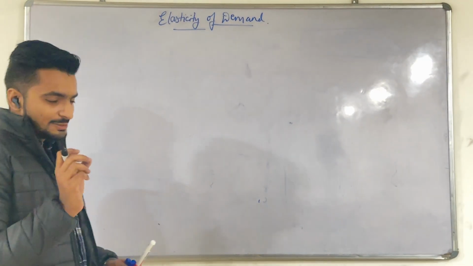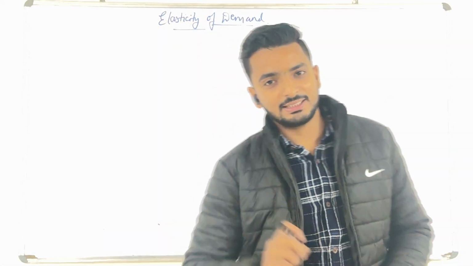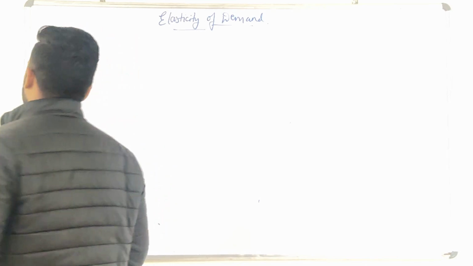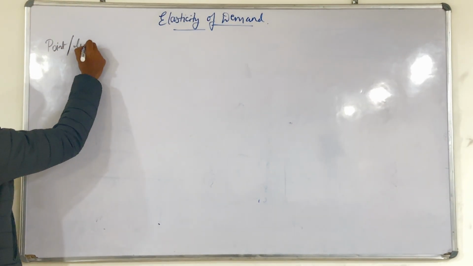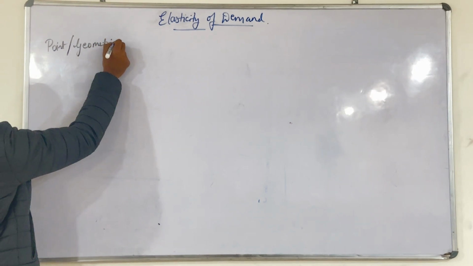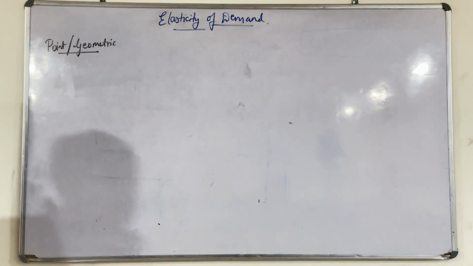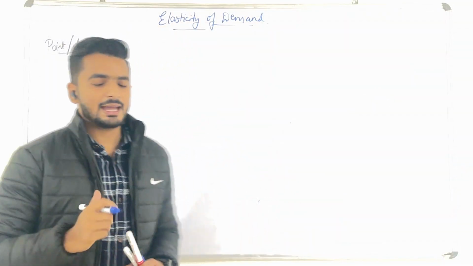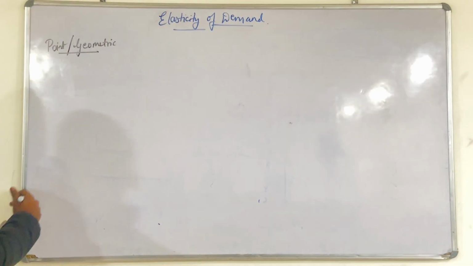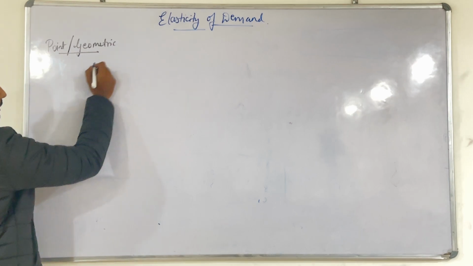Now, the last method of price elasticity is the point or geometric method. We can measure price elasticity by the point method also. This is the third method of price elasticity.